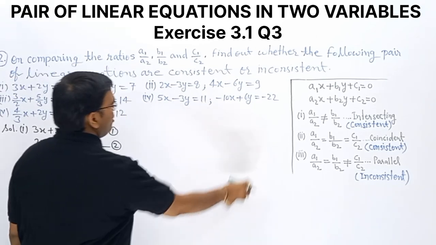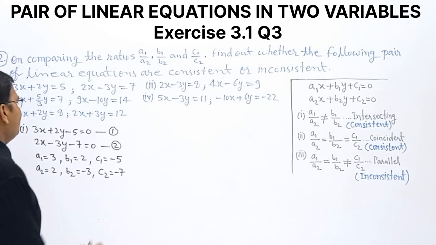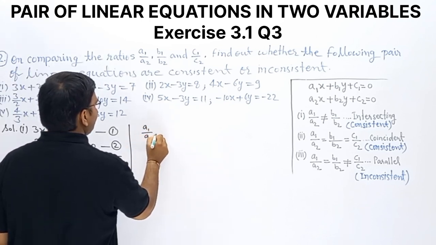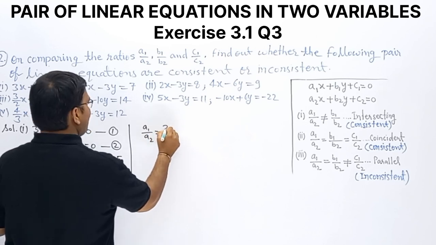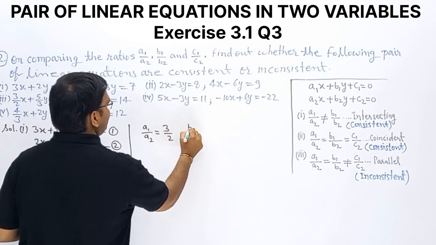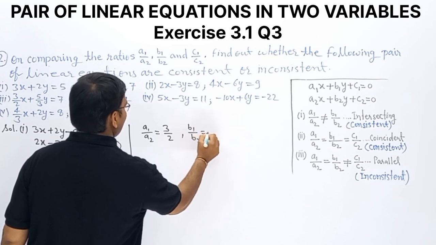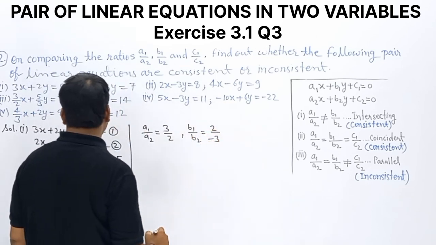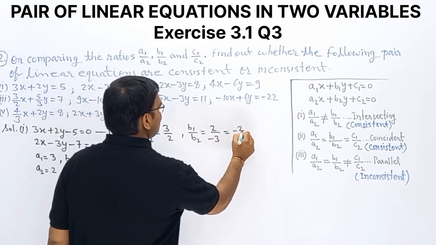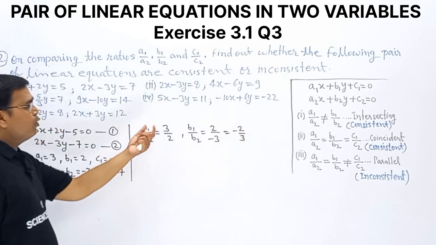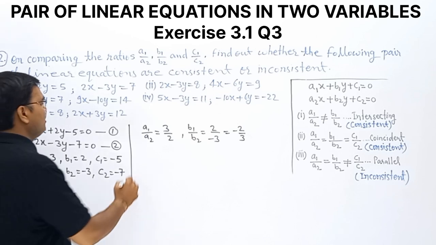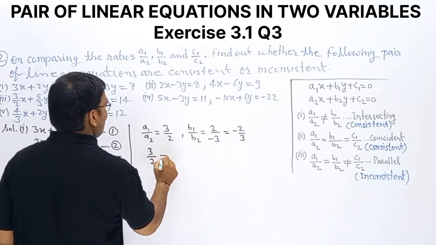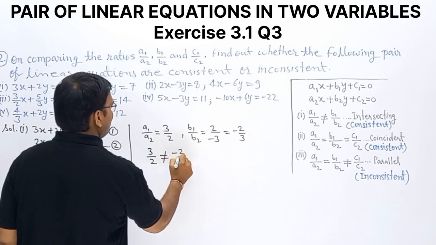What will be the ratios? a1 upon a2 will be 3 by 2. b1 upon b2 equal to 2 upon minus 3, which can be written as minus 2 by 3. By observing both ratios, we get 3 upon 2 is not equal to minus 2 upon 3.